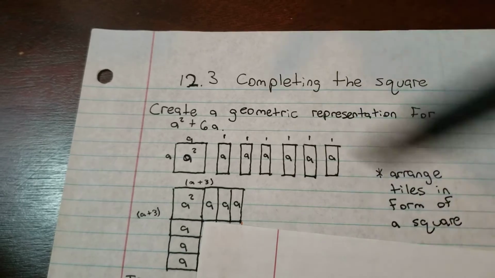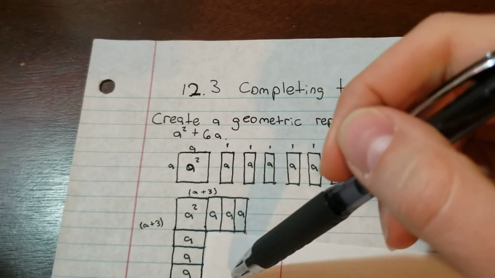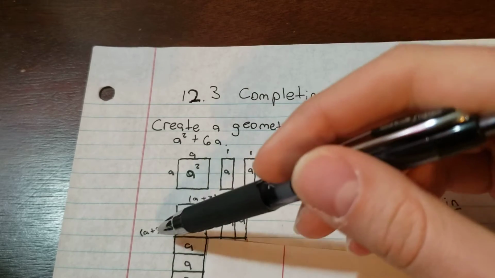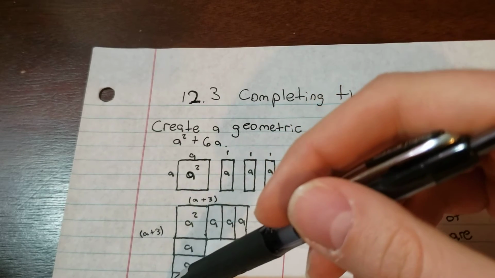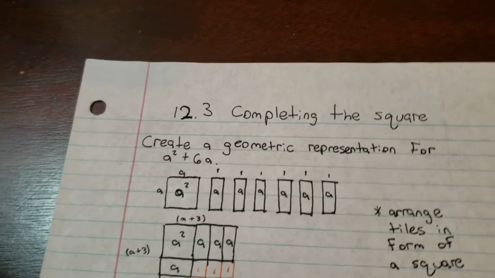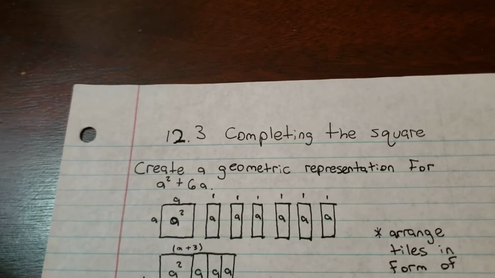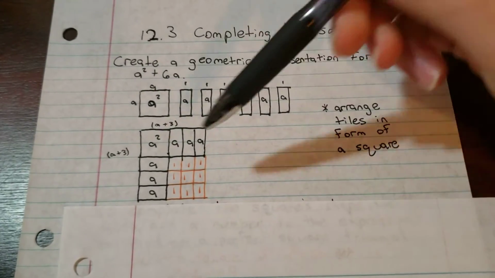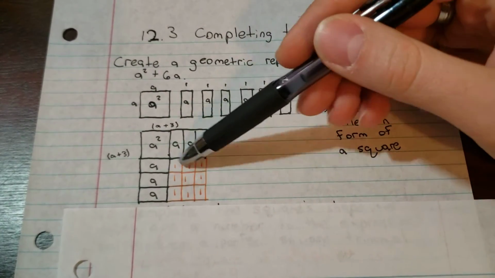But I need to complete the square. So I've got A, 1, 2, 3, A, 1, 2, 3. So 3 times 3 is going to be 9. Boom. So I completed the square by adding 9 here.